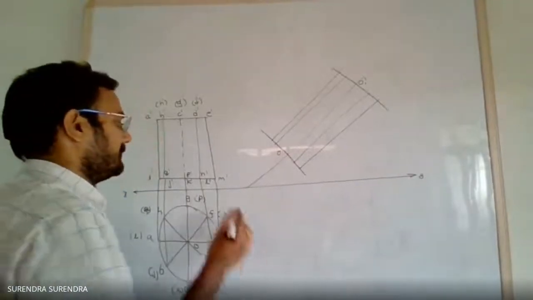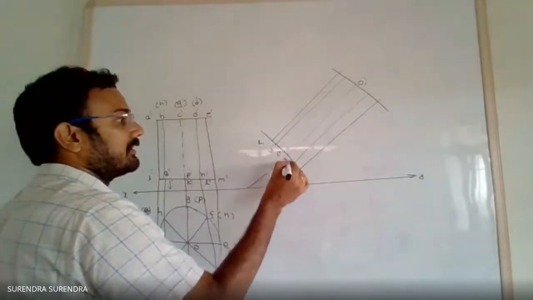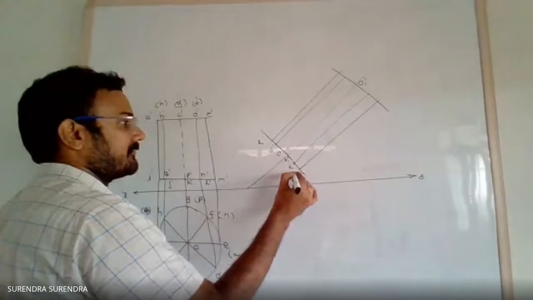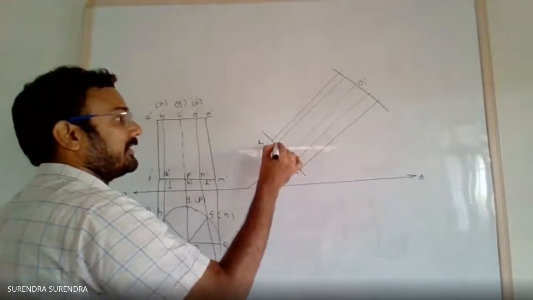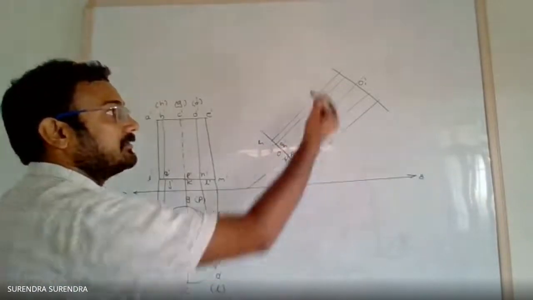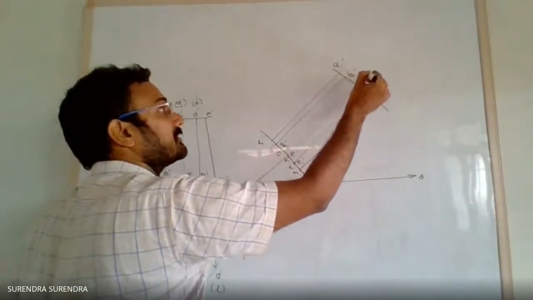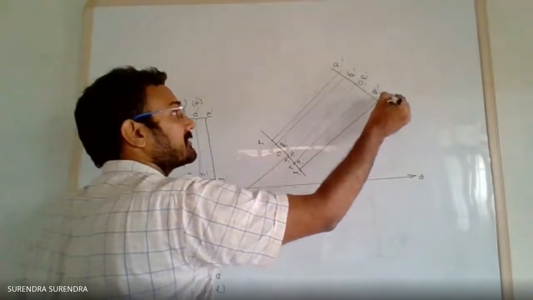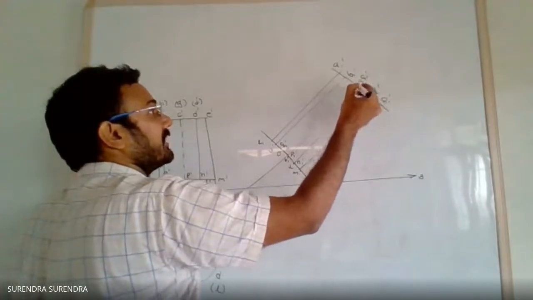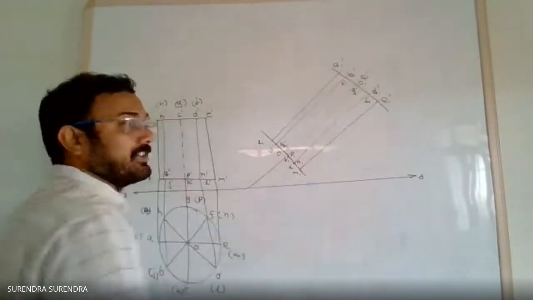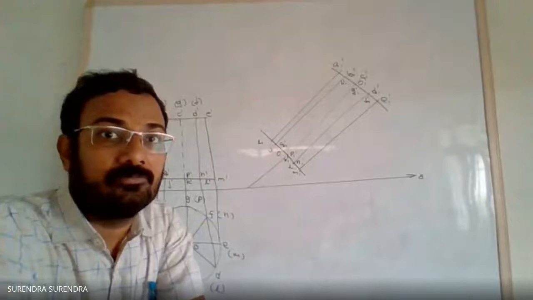Now the points are I1 dash, J1 dash, K1 dash, L1 dash, M1 dash, N1 dash, P1 dash, Q1 dash. On the other side, A1 dash, B1 dash, C1 dash, D1 dash, E1 dash, F1 dash, G1 dash, H1 dash. So all the points are represented in the second front view.